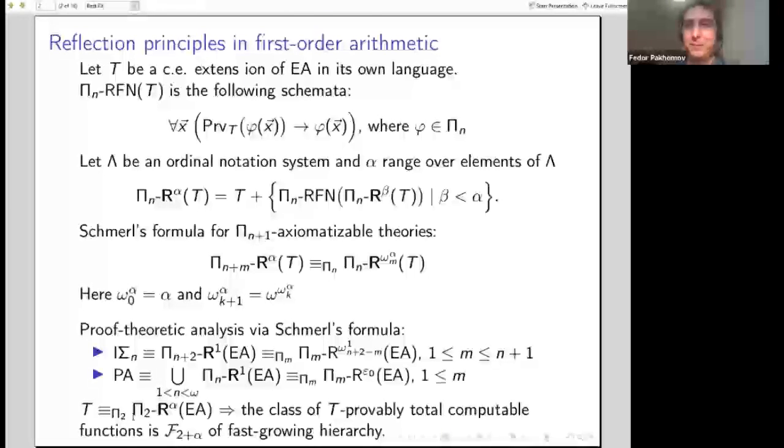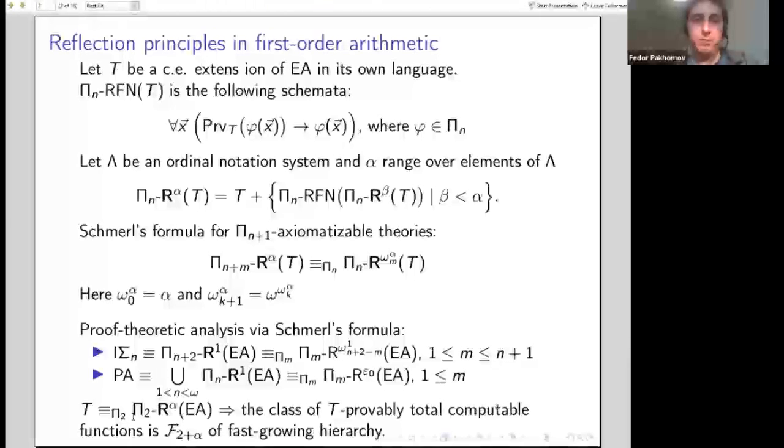A slight modification of this argument makes it possible to obtain what's known as Π^1_1 proof-theoretic ordinals, the supremum of order types of provably well-ordered primitive recursive binary relations. So the Schmerl-style formulas are a very powerful way of proof-theoretic analysis, in the sense that they allow us to uniformly obtain various kinds of proof-theoretic ordinal analysis results.